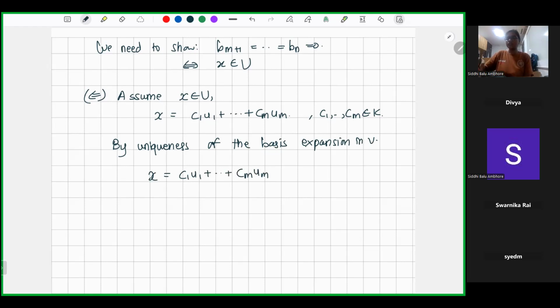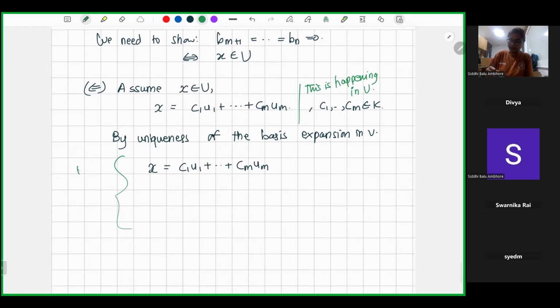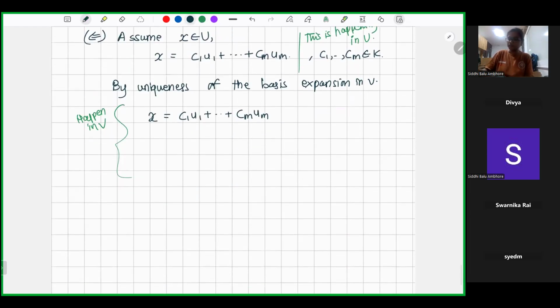When I'm writing this, this is happening in U, and now this will happen in V, and this will be 0 times um plus 1 and so on, because the extended basis is again a basis, and that basis again will have uniqueness in the expression.